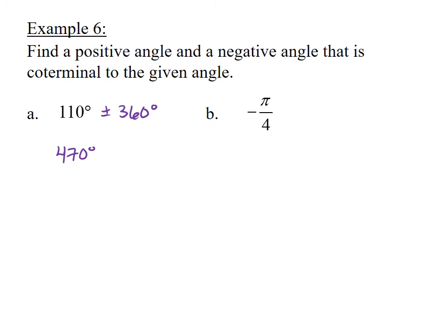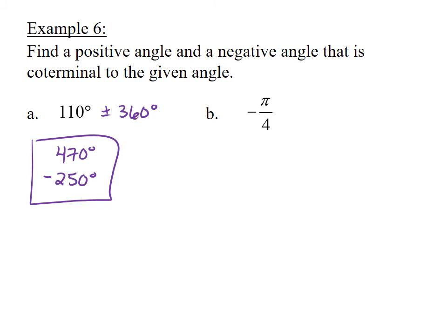Similarly, if I take 110 and subtract 360 degrees, that would give me negative 250 degrees. These are coterminal angles.